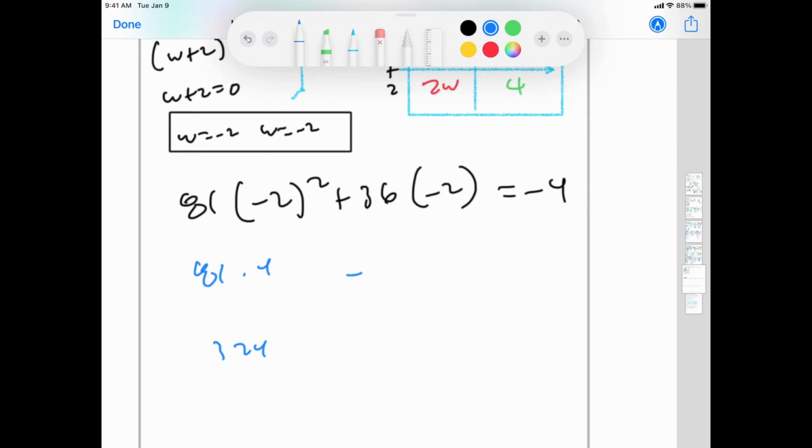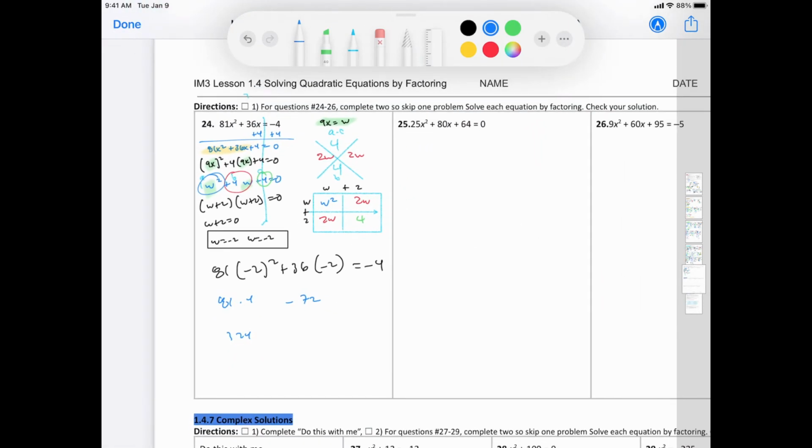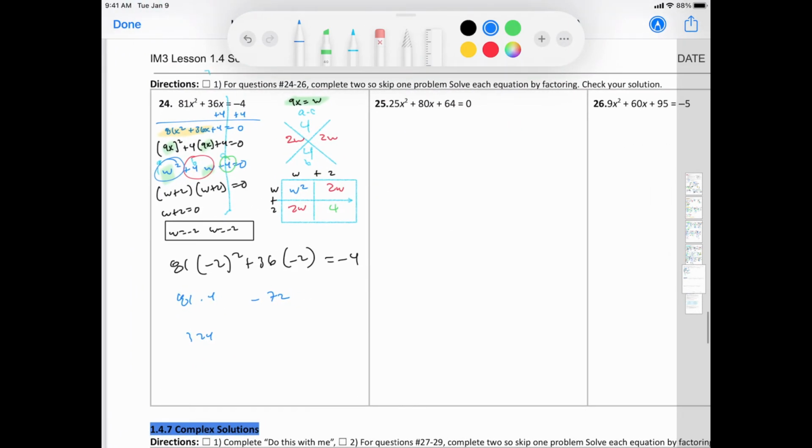This will become minus 72. That does not sound right. Do you see why it doesn't make sense when I check my answer? Watch this. 324 minus 72 is 252. Is 252 equal to negative 4? The answer is no. They are not equal.